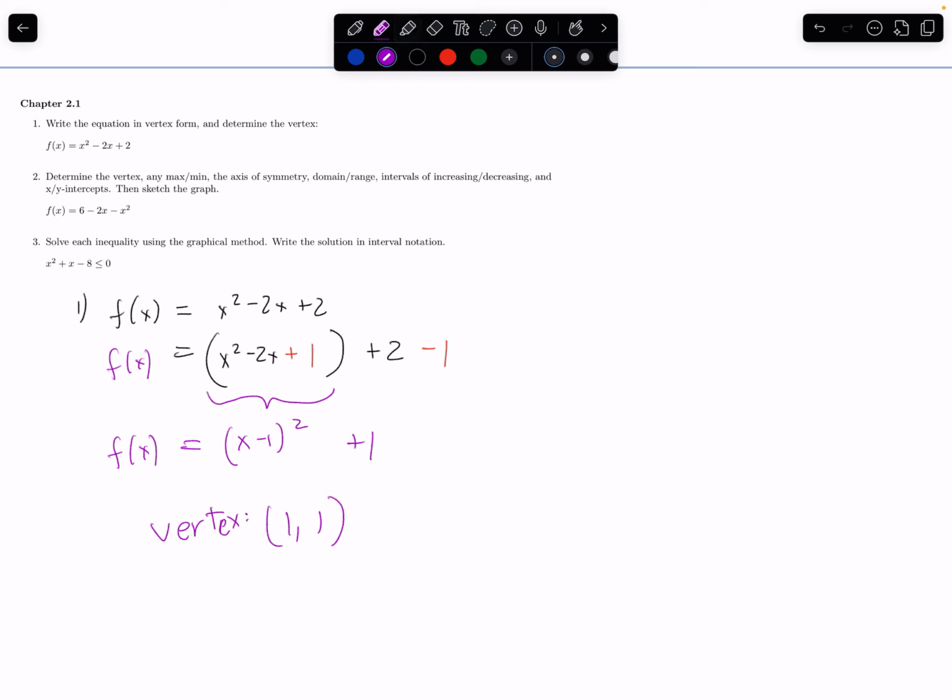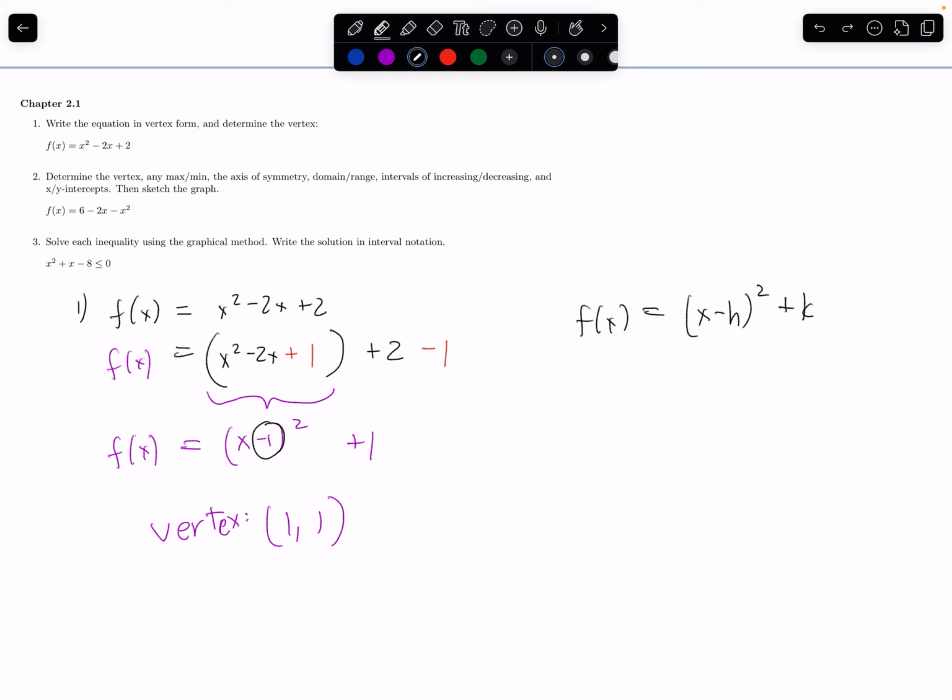How did I get 1, 1? Let me remind you here. If you've got a function of the general form x minus h squared plus k, then your vertex is at h, k. Remember the minus here: if it's minus, h is positive.